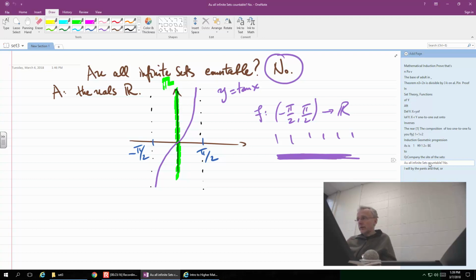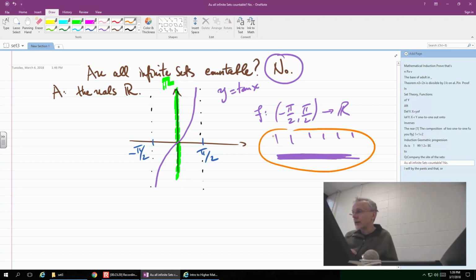Okay, so that's what I tried to do yesterday, compare integers and reals, which might have seemed convincing yesterday, but not today, because we already know that rational numbers are really dense and they're still countable. So as you can see, that's something that expands your mind little by little.